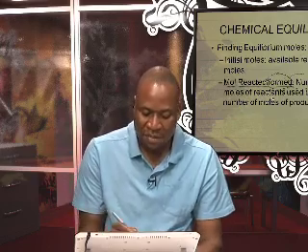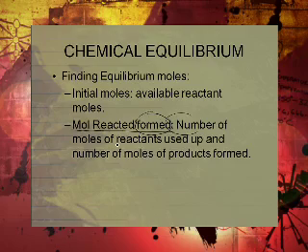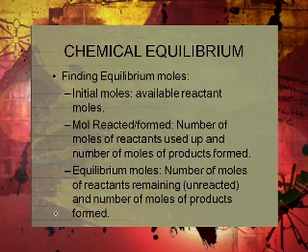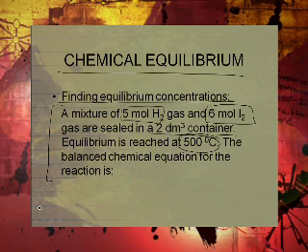And finally, we find the equilibrium moles as the number of moles of reactants that remained, that were not involved in the reaction, and the number of moles of products formed. From there, we can use the volume to find our concentrations.